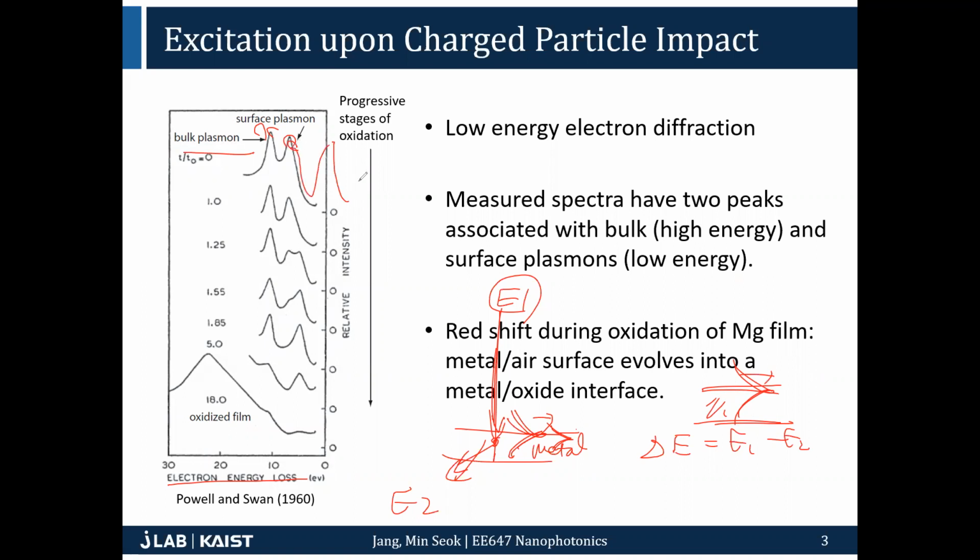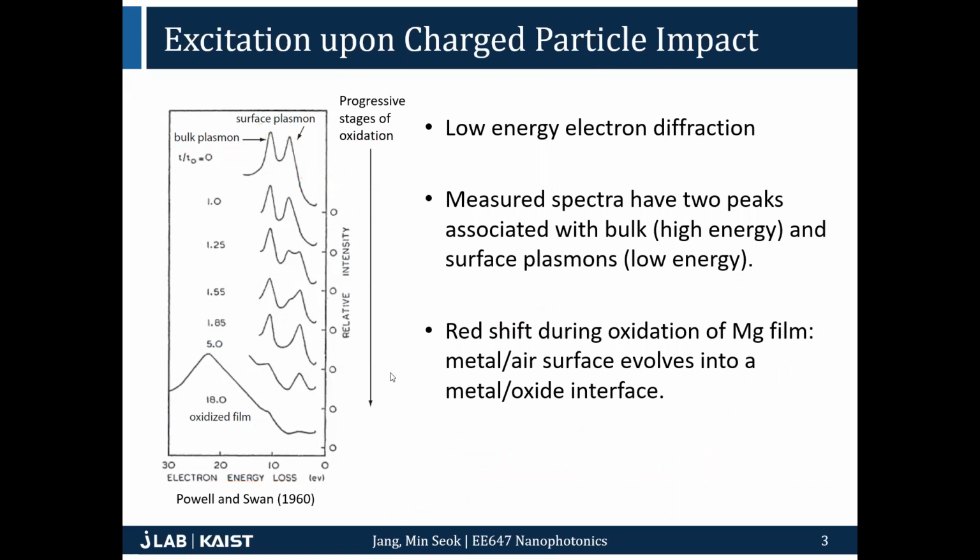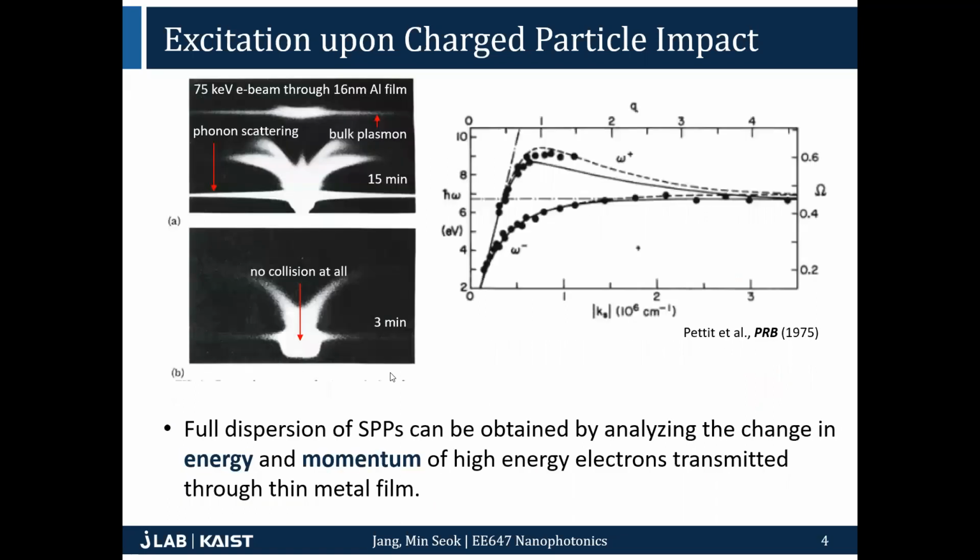And of course there are multiple other peaks because they correspond to 2 bulk plasmons, 3 bulk plasmons, and so on. Okay, but anyway, this is a brute force way to excite surface plasmons. And this is actual experimental data, which I don't want to explain in detail, but the message is the same.